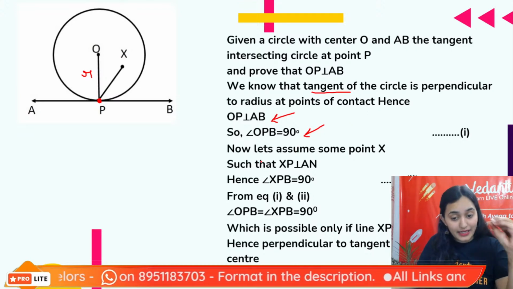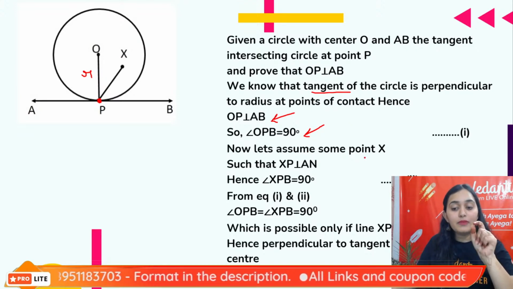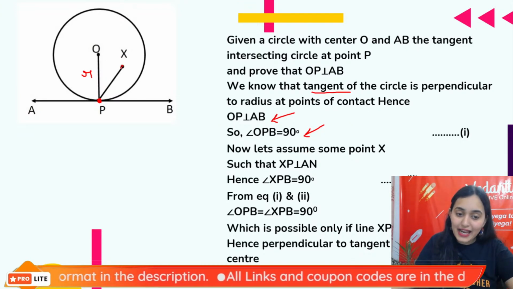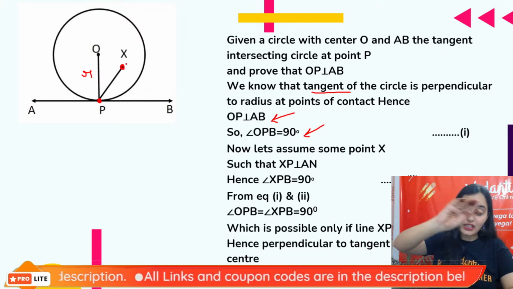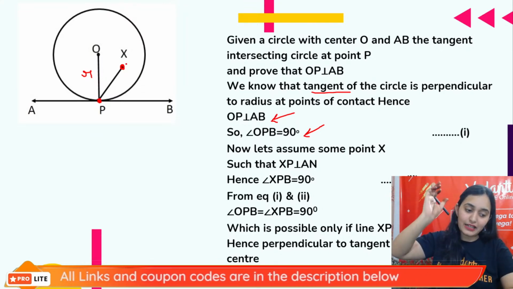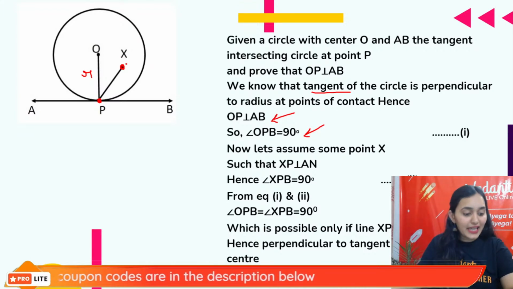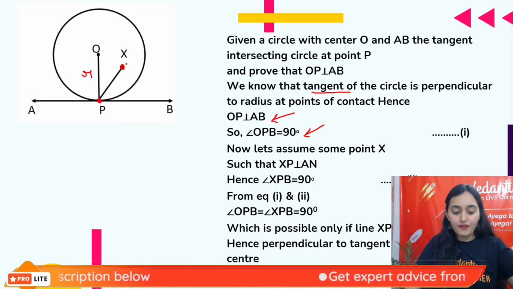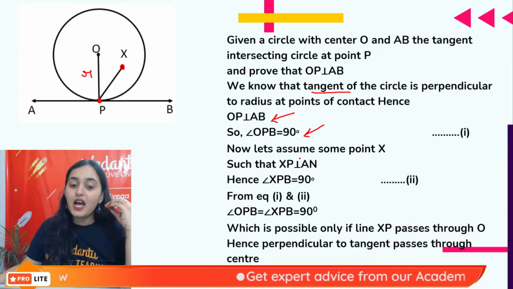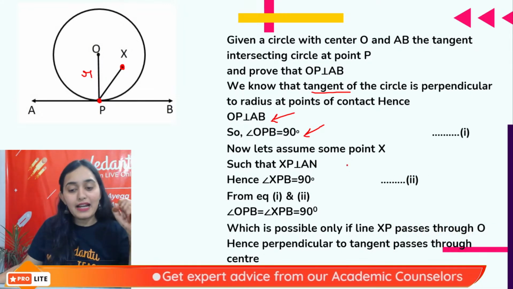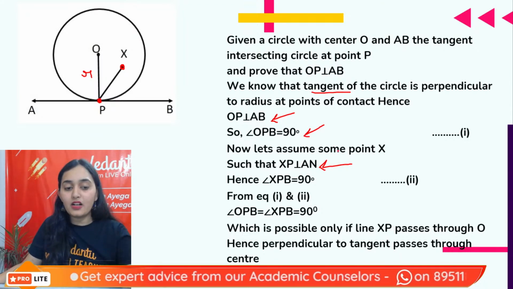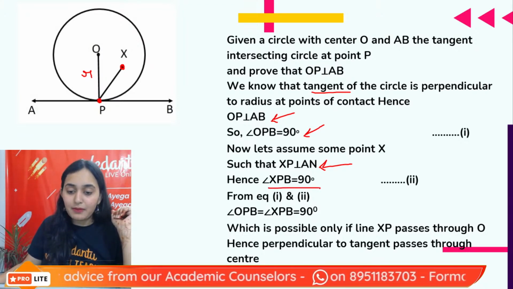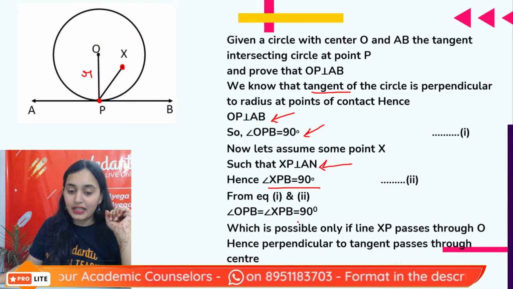Next, now let's assume some point inside the interior of the circle which is not the center of the circle, let it be X. Yes, exactly Uday. We have to use here proof by contradiction. Now we will suppose that XP is also perpendicular to AB and XPB is making an angle of 90 degree.